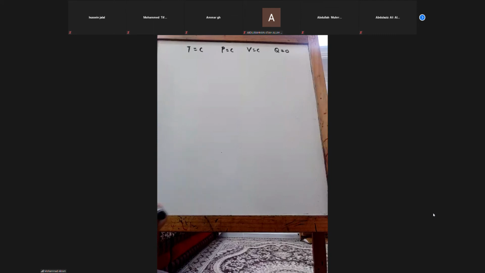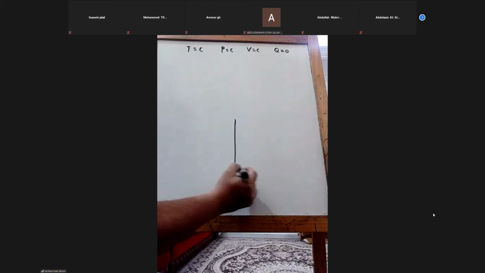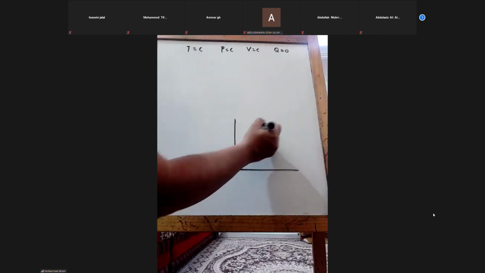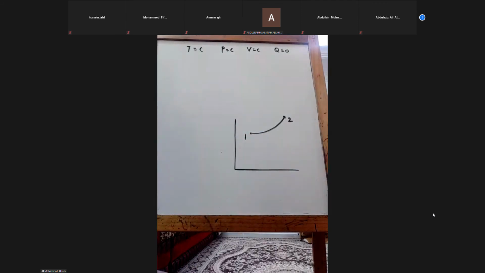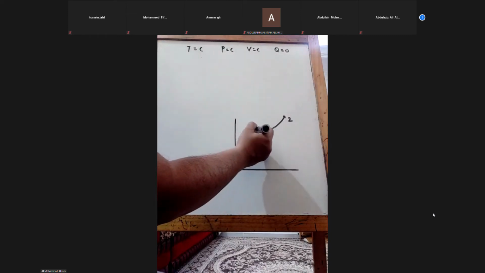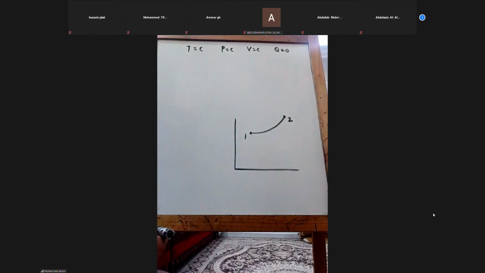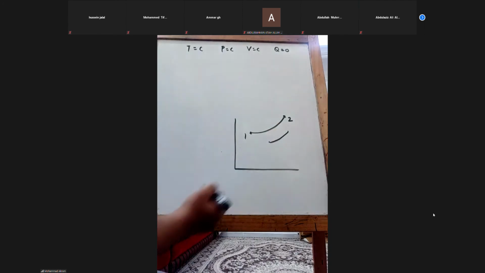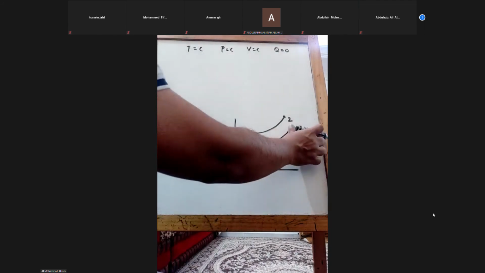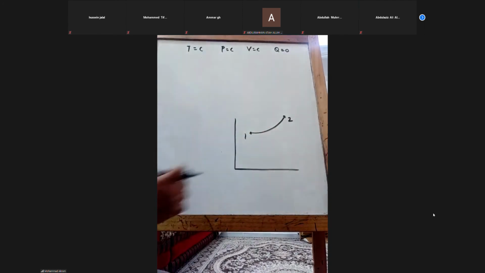Before that, the thermodynamic process: we said it can go from one state to another state. This going from one state to the second state is called a thermodynamic process. A single point is a state, and 2 points joined with a particular path become a process.